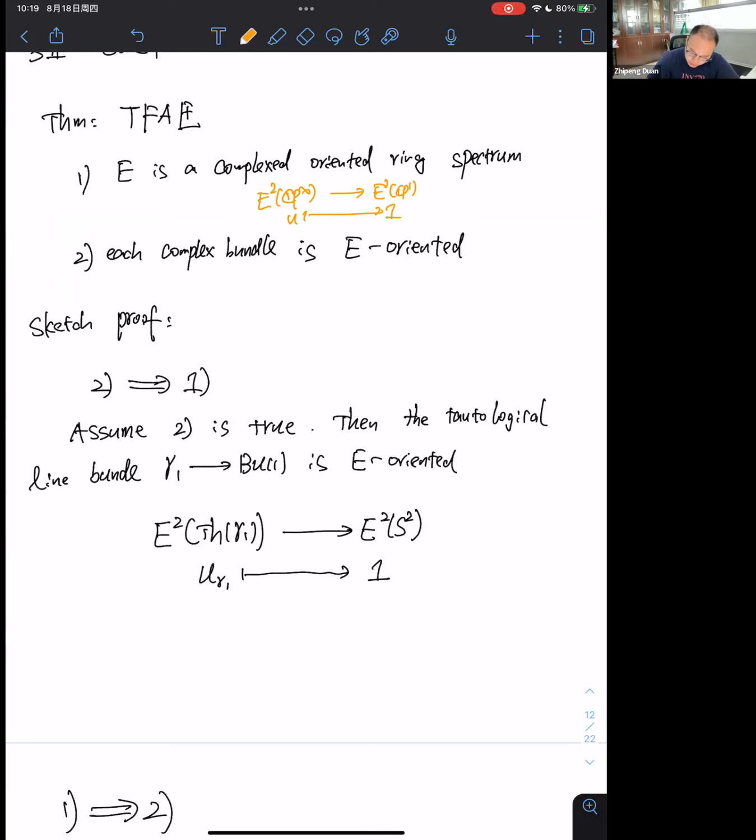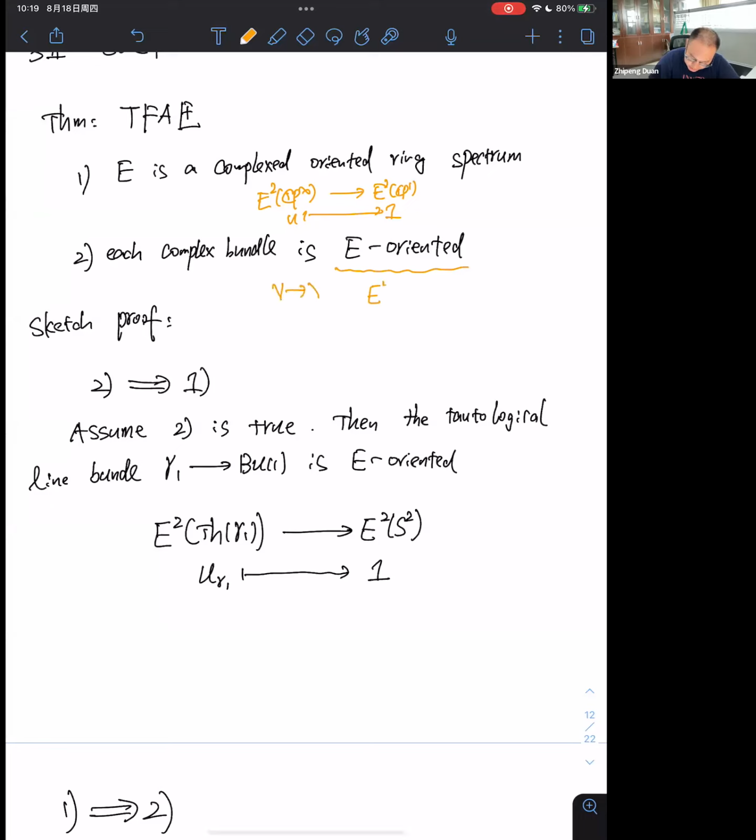Before we prove this, I need a short review of what E-orientation of complex bundles means. You have a natural assignment of a class in the Thom space, the Thom class.